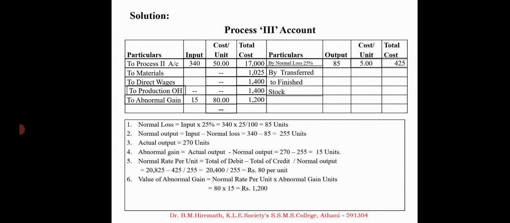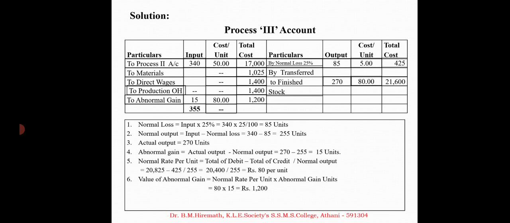So actual output is to be transferred to the finished stock, because this is the last process. So the goods are to be transferred to finished stock account. Total units produced in process 3 is 270 units and normal rate per unit is rupees 80. 270 units into 80 rupees is equal to 21,600.